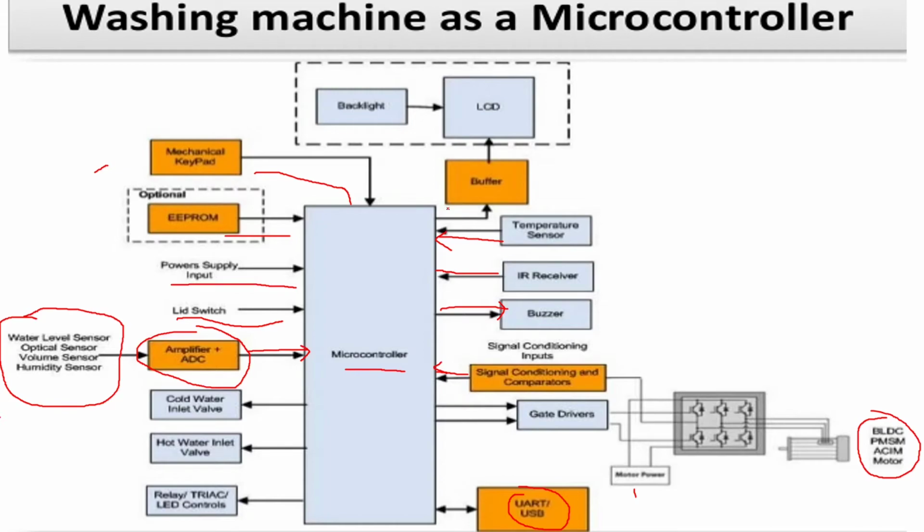Okay. So here a washing machine can be viewed as a microcontroller based machine. Actually, this microcontroller system should control the mechanical system of the washing machine. Clear?